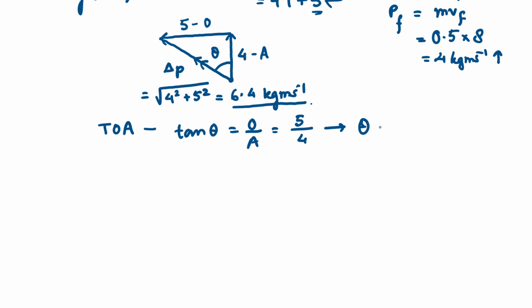So from this we get theta equals tan inverse of 5 over 4, and this turns out to be 51.34 degrees. And I'm going to round it to two significant figures. It depends on how many significant figures we have in the numbers we have used. I think I have two significant figures, so I will keep two significant figures over here.